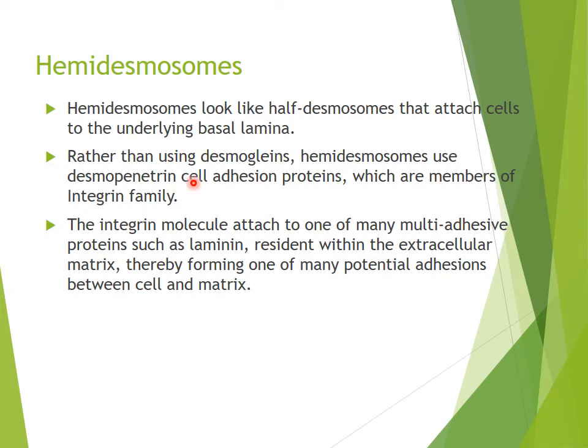So, rather than using desmoglein, hemidesmosomes use adhesion proteins which are members of the integrin family. The integrin molecules attach to one of the many multi-adhesive proteins such as laminin residing in the extracellular matrix, thereby forming one of many potential adhesions between the cell and the matrix.